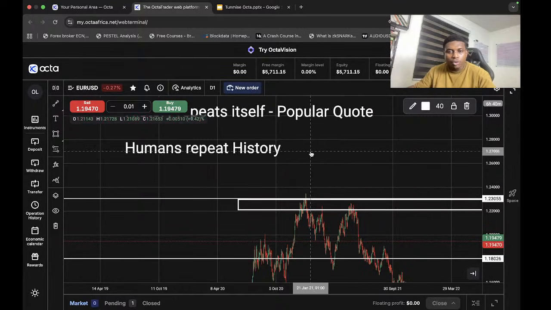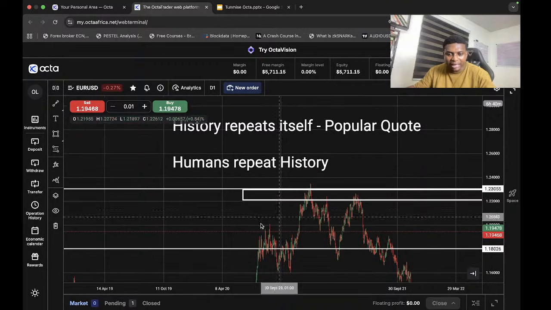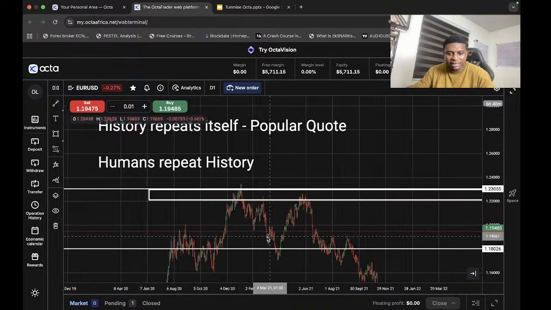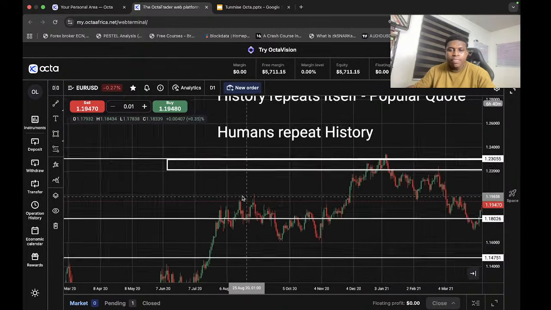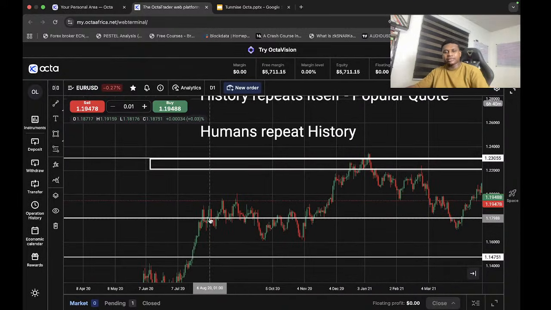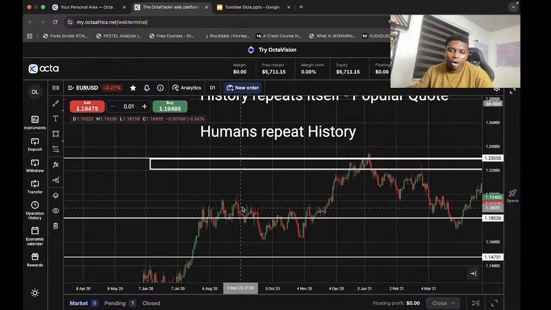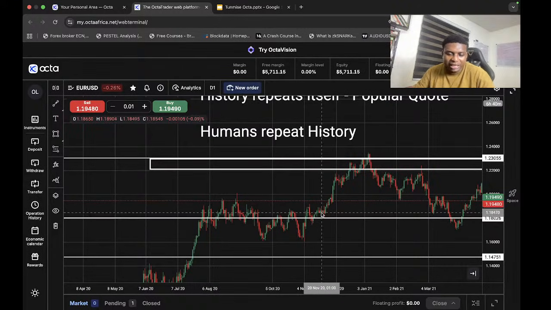So when we look into this part now, let's zoom out. This is historical price that is almost similar to what we are currently experiencing in our current trade.